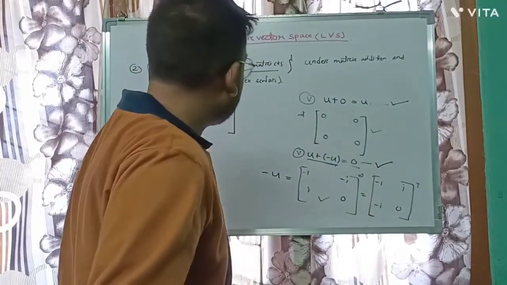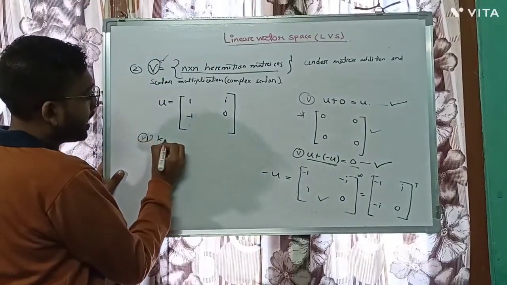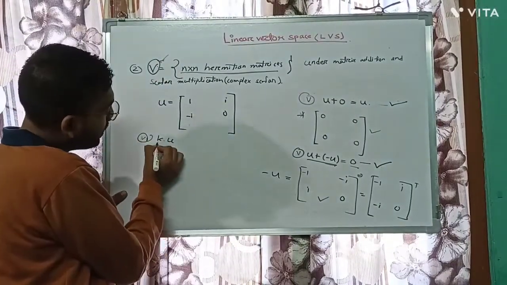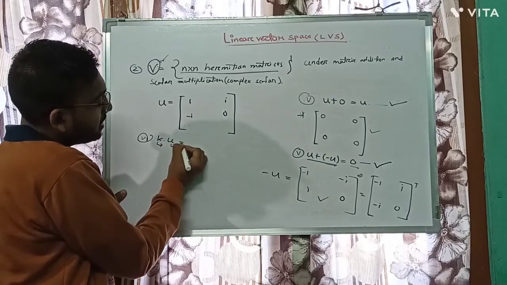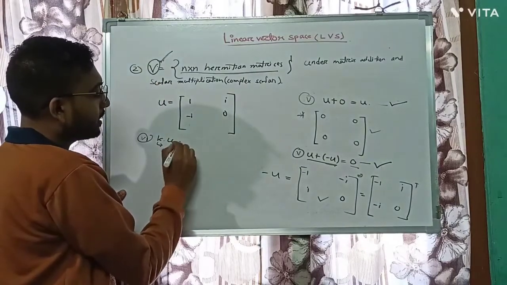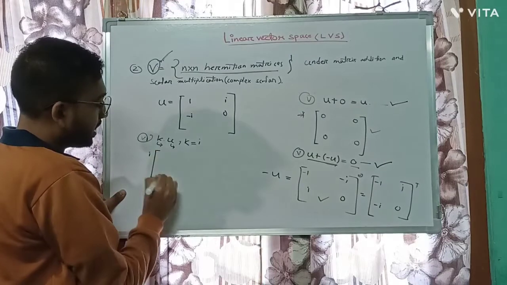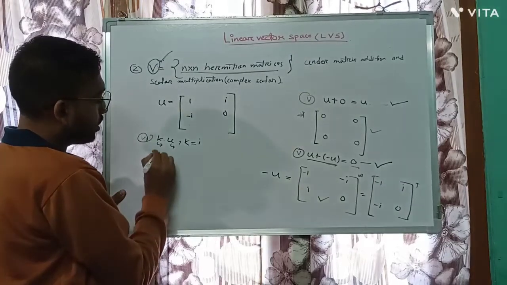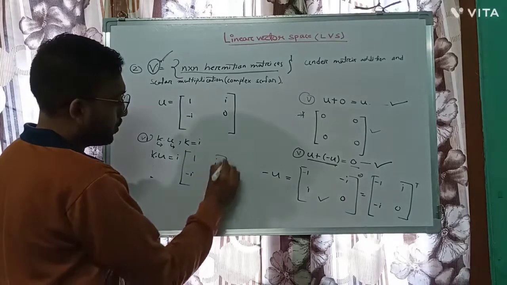The sixth property says that the multiplication of a complex scalar with the matrix U must result in this set. So let me take k as i. After multiplying, k dot U is i dot 1, i, minus i, 0.